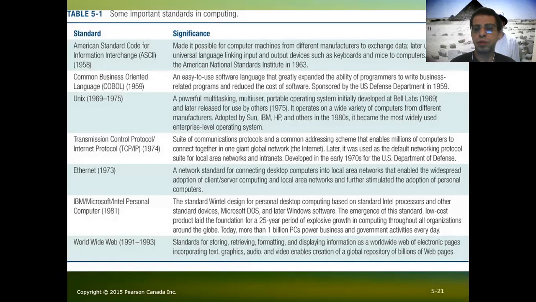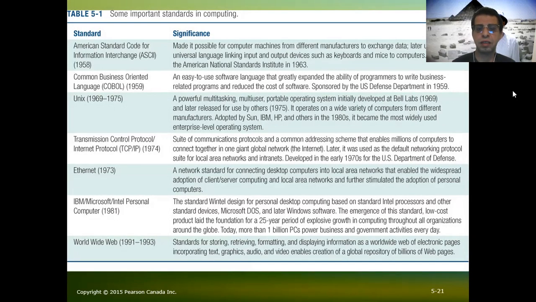Now, there are some important standards of computing which have helped us move very quickly. First, the American Standard Code for Information Interchange between PCs and servers, an old code called ASCII, from 1985, made it possible for computers from different manufacturers to exchange their data.